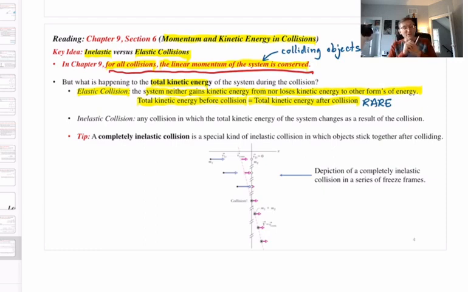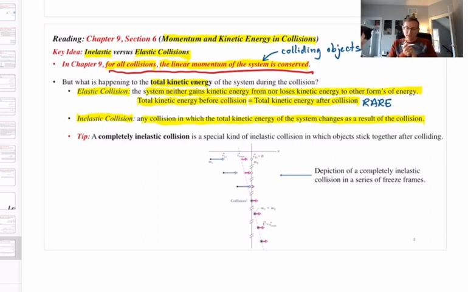How will you know if a collision is elastic when you're solving a homework problem? It will have to tell you, because they're kind of rare, as I said. Most collisions fall into this second category, an inelastic collision. That's any collision in which the total kinetic energy of the system changes as a result of the collision, like two cars colliding.